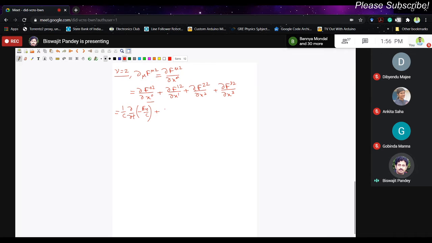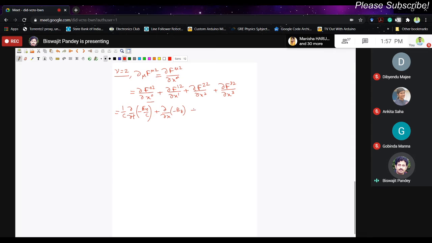Del x1 means del x, right? And what is F12? First row, third element, which was minus Bz. I'm not writing the form of F mu nu each and every time, because that will take space in each page. So you have to just remember it, or you can write it. Del x of minus Bz.